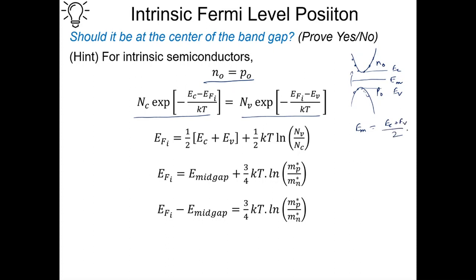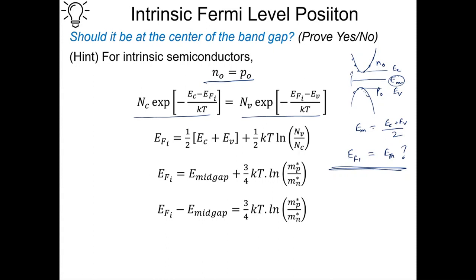So let's see if the intrinsic Fermi level is the same as mid gap. So is EFI equal to EM is the question we are trying to answer here. Or in other words, we are trying to find where the intrinsic Fermi level will be in reference to the mid gap position or the middle point of the band gap region.